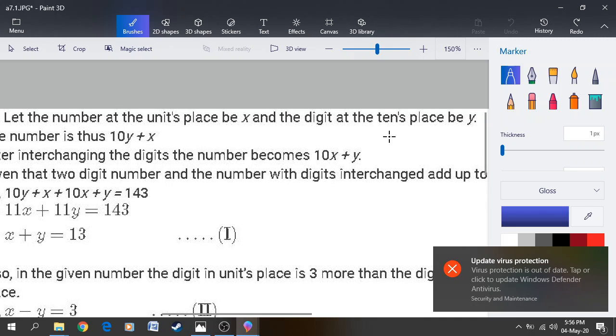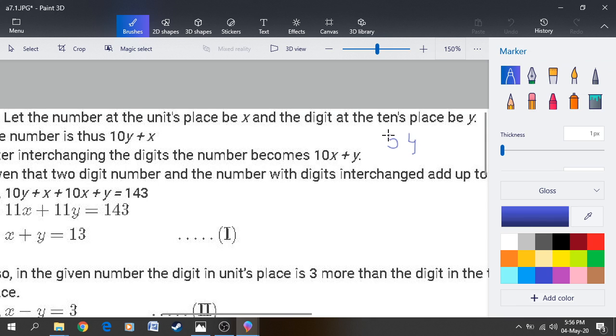Suppose we have the number 54. How is the value 54 calculated using these digits? 4 is the unit place, which we assumed is x, and the digit at the tens place, 5, is y.